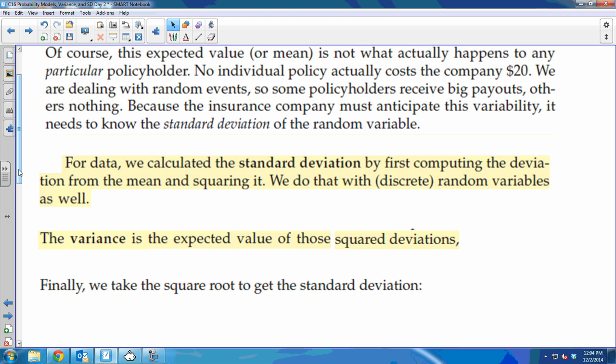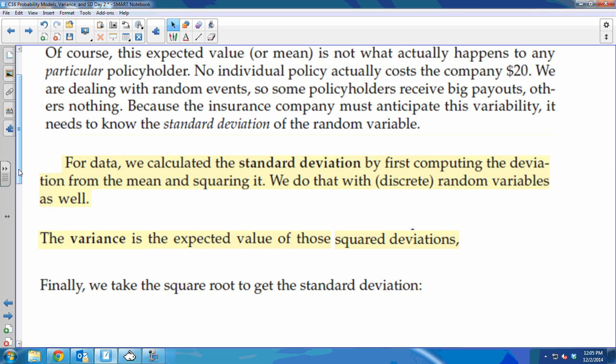We did that one time, then we did it in the calculator. And then we do that for random variables too. The variance is the expected value of all of those squared deviations. So you're going to square them and multiply them by the probabilities associated. At the end, you get a number, and you take the square root, you get the standard deviation.